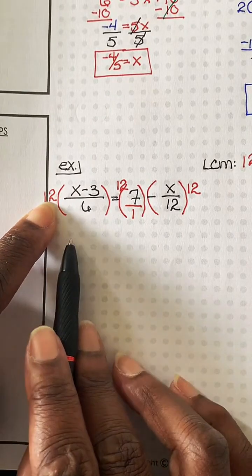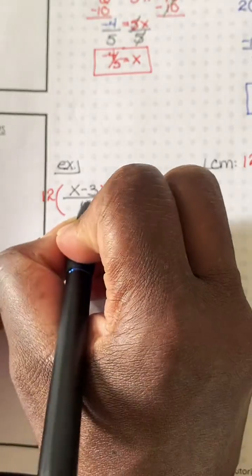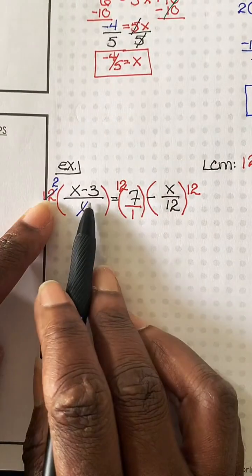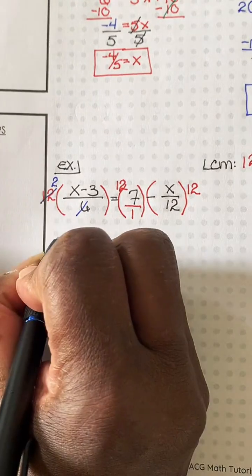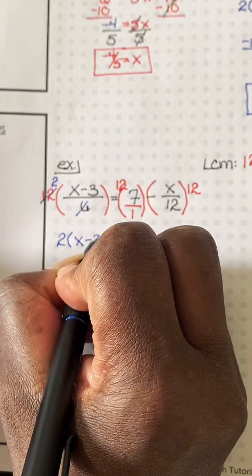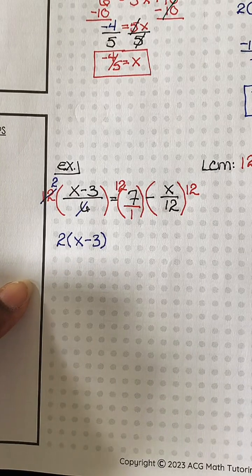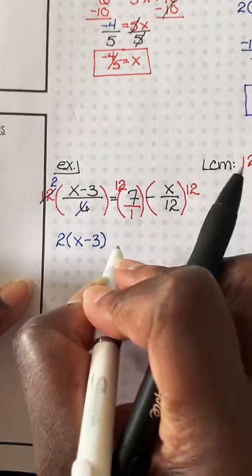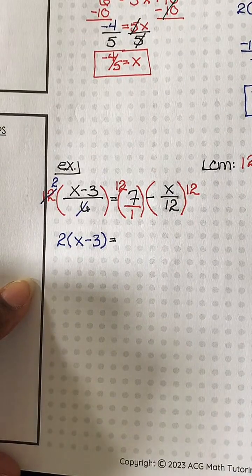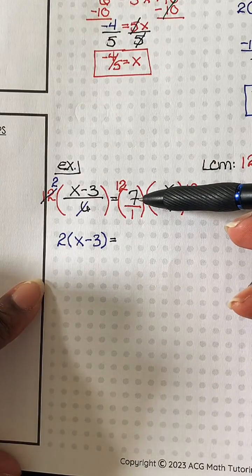So if I do 12 divided by 6, that's going to give me an answer of 2. So that means for this part, I'm going to have 2 times (x minus 3). Okay? Then I bring my equal sign. Now I'm going to have my 12 times 7.